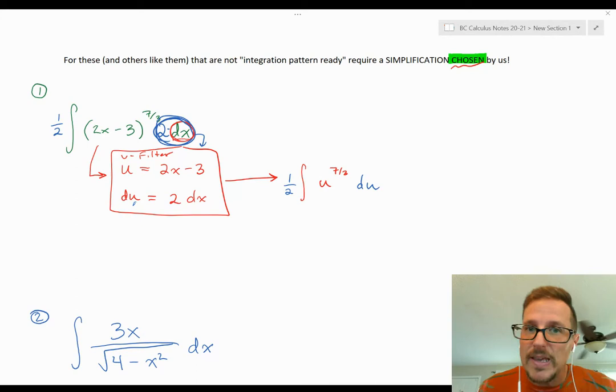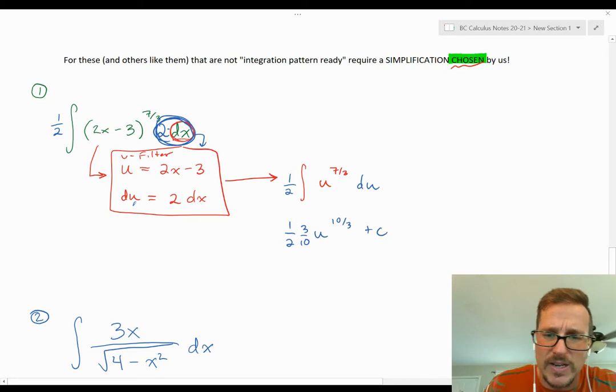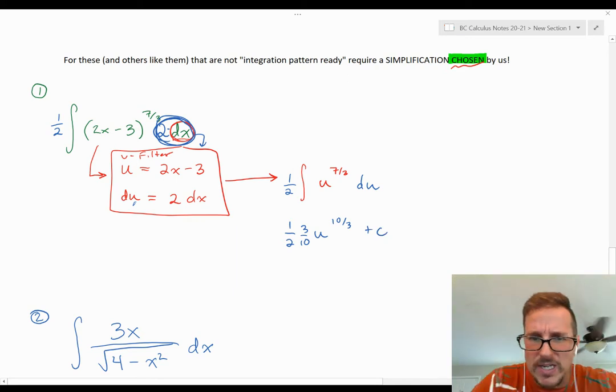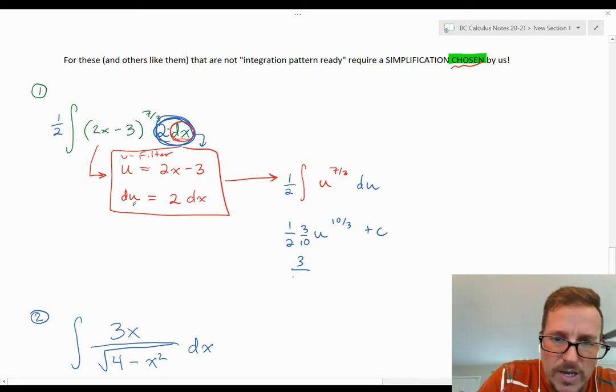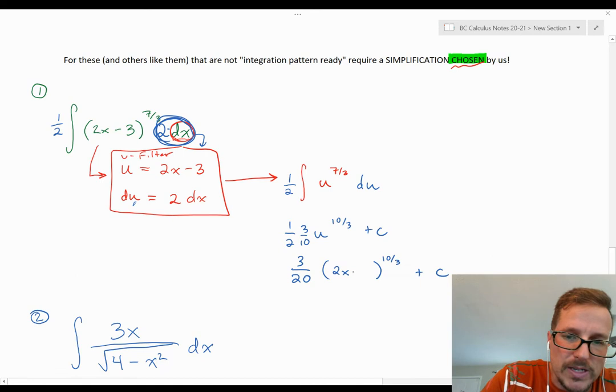That's going to be easy from here, right? We get 1/2 u to the 10/3 multiplied by 3/10. Add the constant of integration, simplify what you need to simplify. So we'll say 3/20, but we don't want to write it in terms of u. We can just swap back in what that u was, and the u was 2x minus 3.